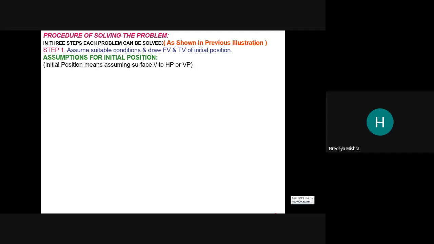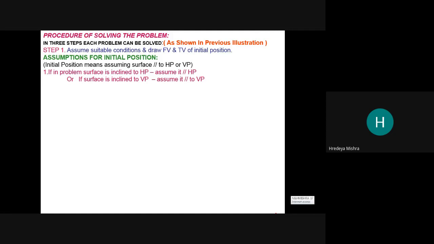Now see, initial position means assuming the surface is parallel to HP or VP, parallel to the horizontal plane or the vertical plane. So the plane is parallel with which reference plane? That reference plane gets the reduced shape or actual shape of the plane.